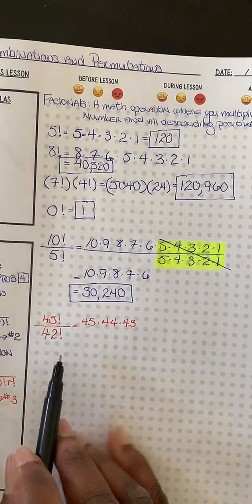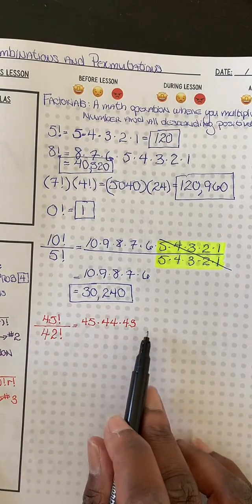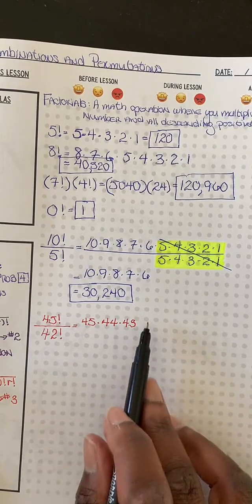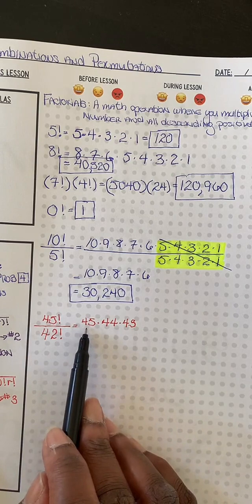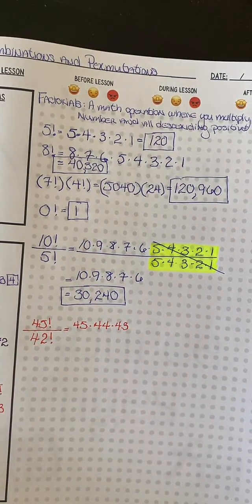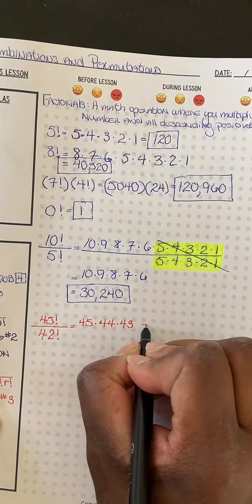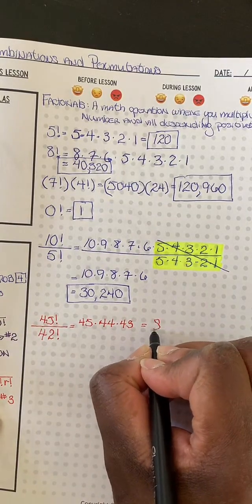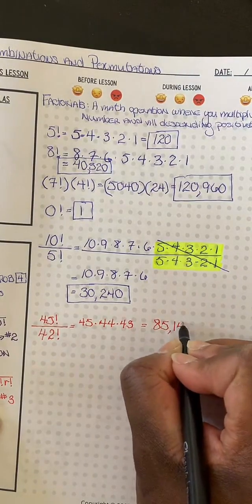So since 42 factorial is within it, they cancel each other out. So all I have to do is just focus on what is 45 times 44 times 43, and that will give me a total of 85,140.